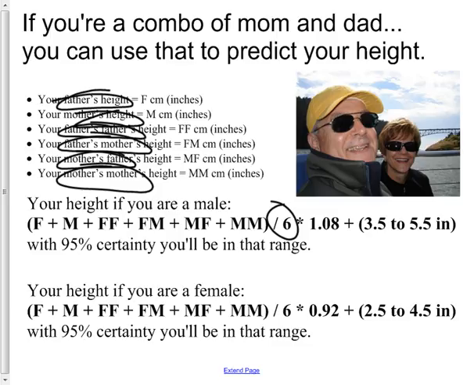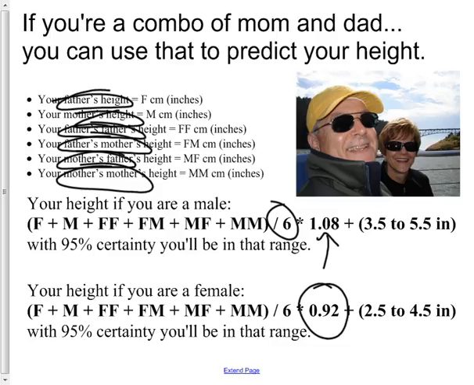If you average all their heights and you times it by 1.08 if you're a guy, as in you're going to be a little higher than the average of your grandparents and your parents. And if you're a girl, you multiply by 0.92. In other words, you're going to be slightly lower than the average height of your grandparents and your parents. You will be within 95% certainty that will be your height.